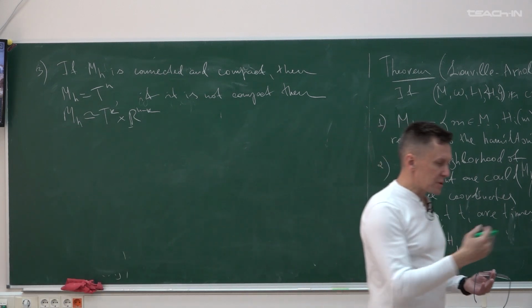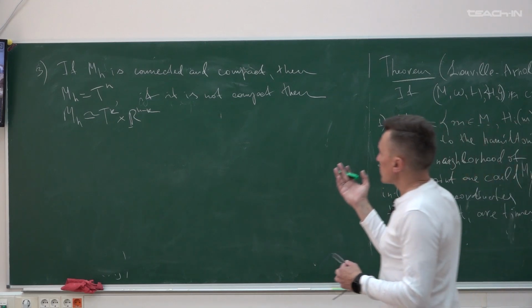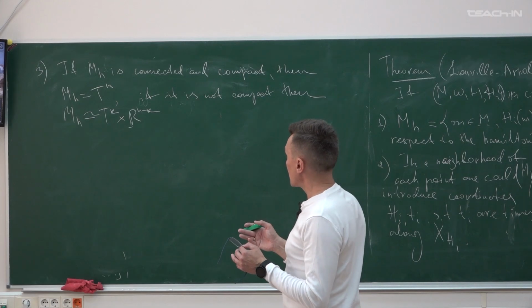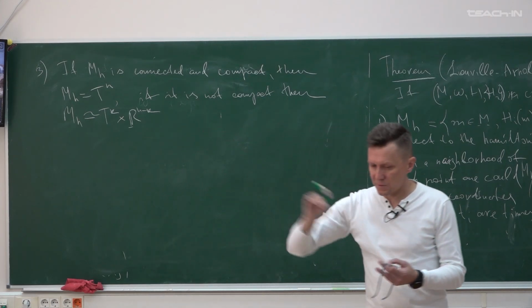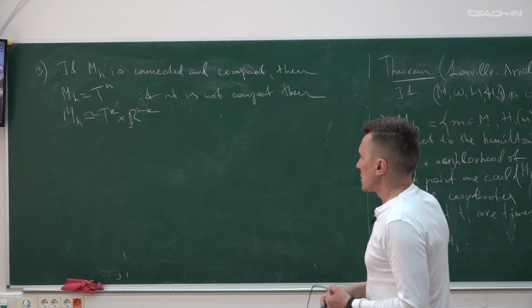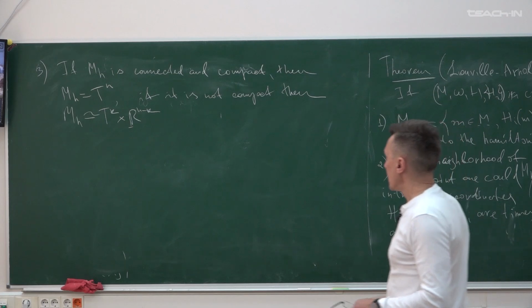So there could be some non-compact directions. It's a direct product of some torus of lower dimension, and the rest is given by non-compact directions. It means that the motion is not periodic. It has some attraction points, or so, since it's not compact.